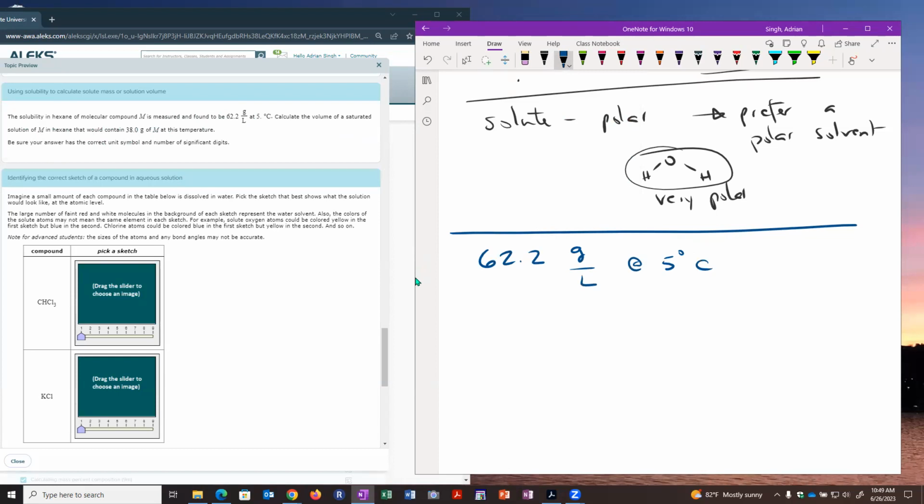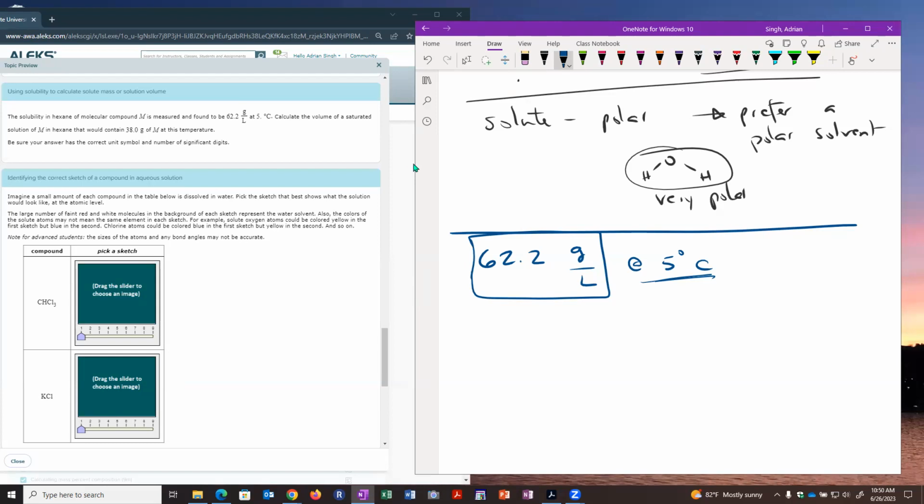So this is telling you that at this temperature, you can dissolve 62.2 grams of whatever this compound M is in a liter of the solvent, which is the hexane. So this is saying calculate the volume of a saturated solution of M in hexane that would contain 38 grams of M at this temperature, right?